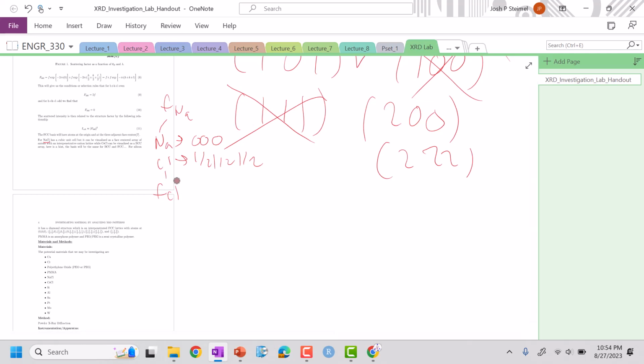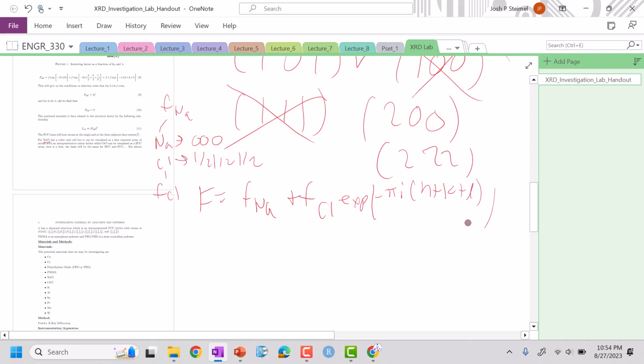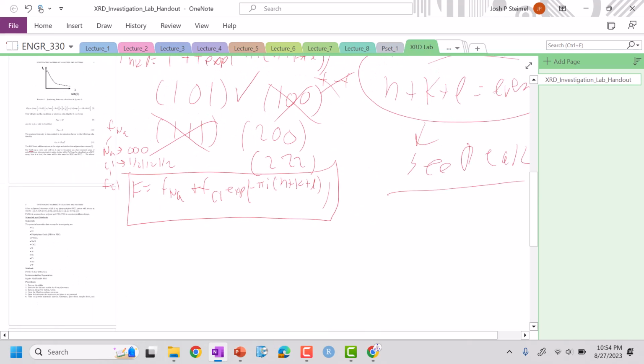My structure factor is equal to little f Na, plugging in those coordinates that gives 0, plus little f Cl times the exponential of minus pi i times h plus k plus L. So there's a key distinction here, though. Let's break it down. What happens when we have h plus k plus L equals 1?